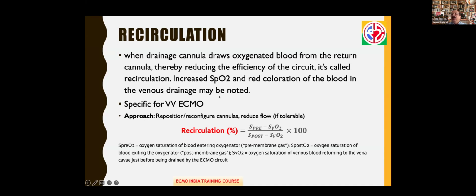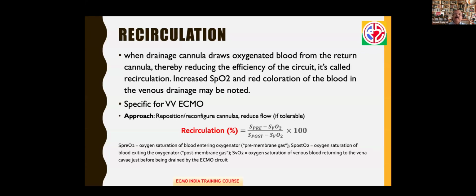But if the cannula tips are nearer due to excess suction pressure, the blood coming from the return cannula will be immediately sucked by the drainage cannula to the oxygenator. So with that, efficiency will go down. The patient will not be getting oxygenated blood and they will get cyanosed, followed by all side effects of tissue hypoxia.